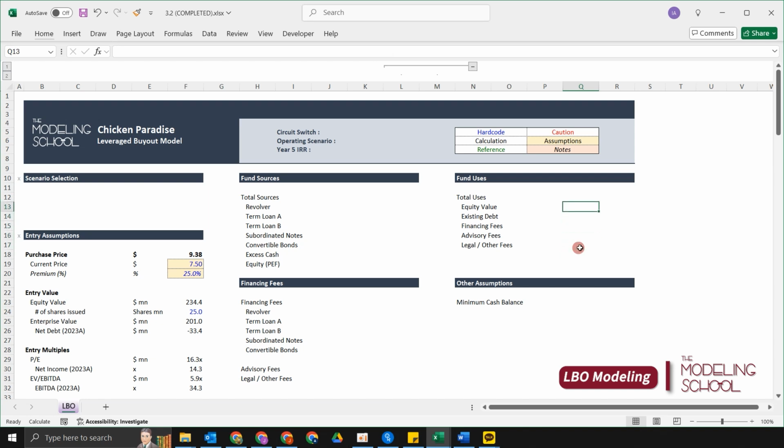So let's start from the equity value. So equity value would be obviously the value of equity that they're purchasing. So this would equal the entry equity value. So all of these sources are combined to purchase this equity that we have assumed in our entry assumption. So we need $234 million for this purchase.